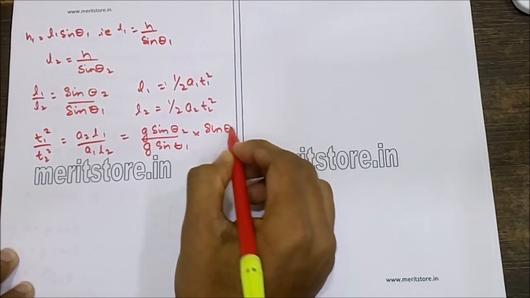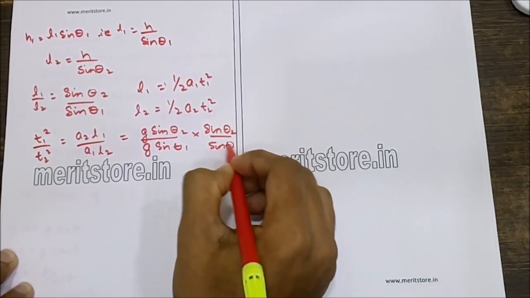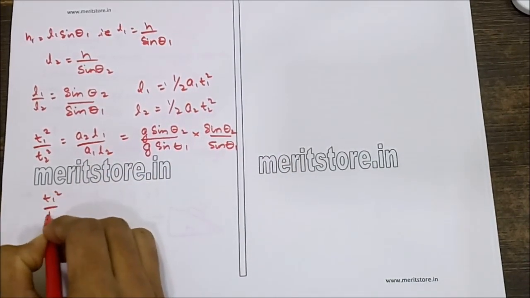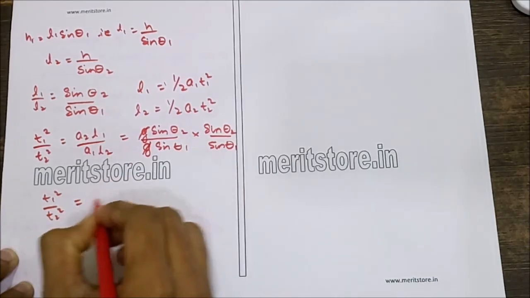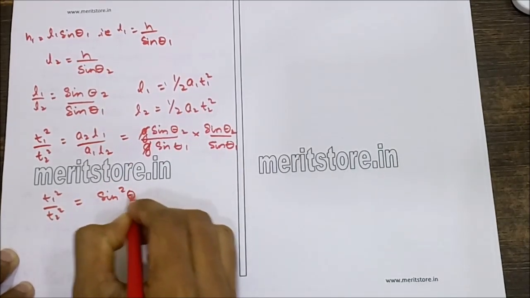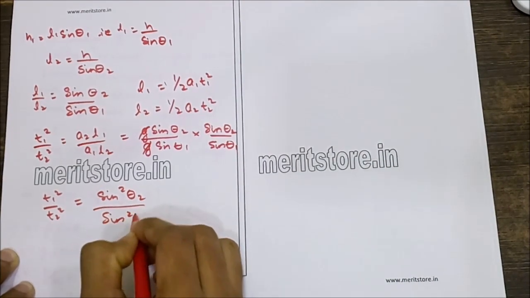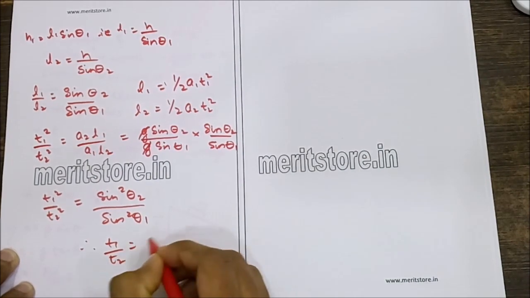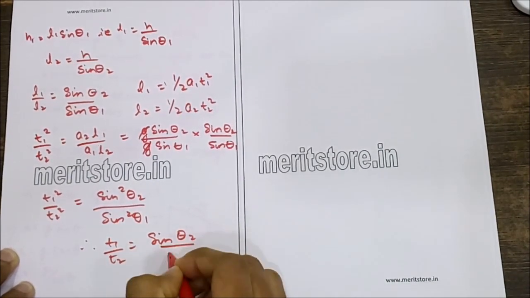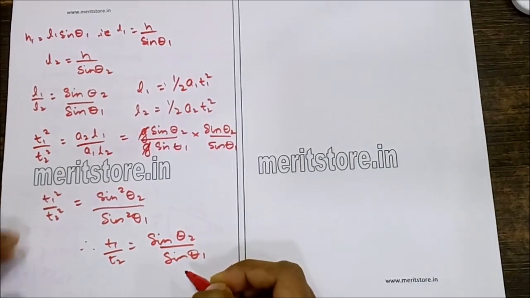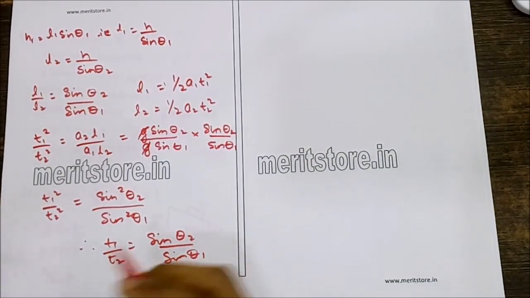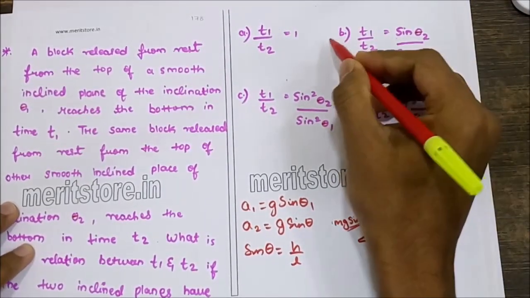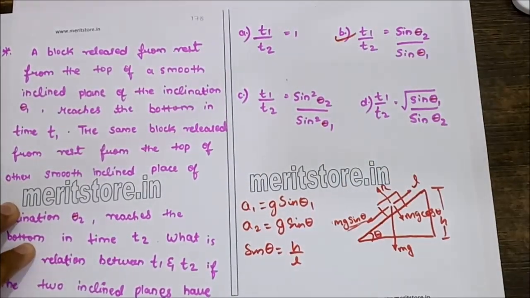It can be written as sine theta 2 upon sine theta 1. Therefore t1 square upon t2 square equals sine square theta 2 upon sine square theta 1. Therefore t1 upon t2 equals sine theta 2 upon sine theta 1. That is nothing but option B. Hence option B is the correct answer.